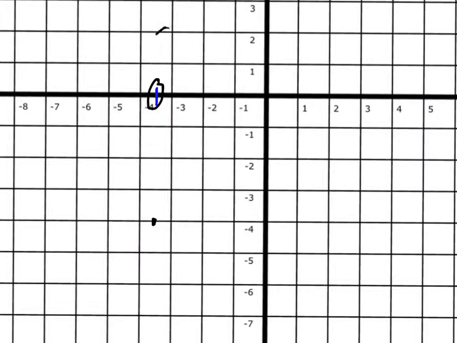What if I put in a -4? What would I get back? What's the greatest integer that's less than or equal to -4? -4, right. So it would count there. What if I put in a -3? If I put in a -3, what's the greatest integer for -3? -3.